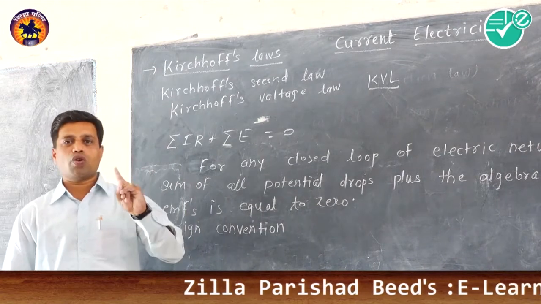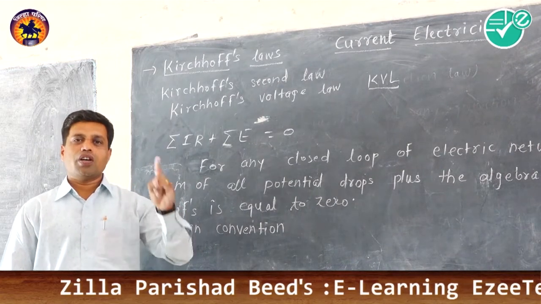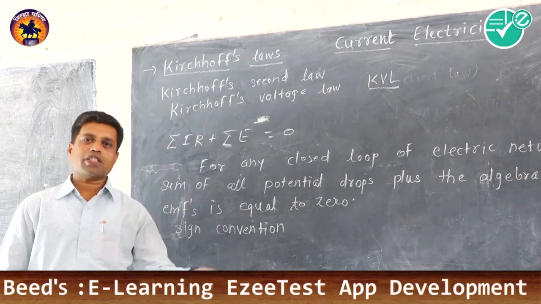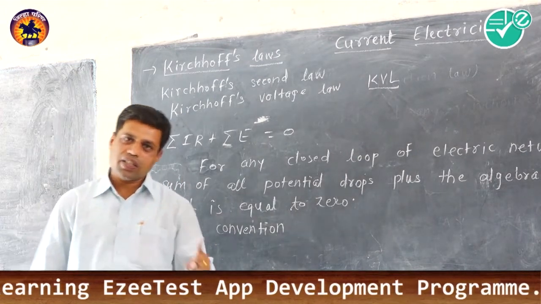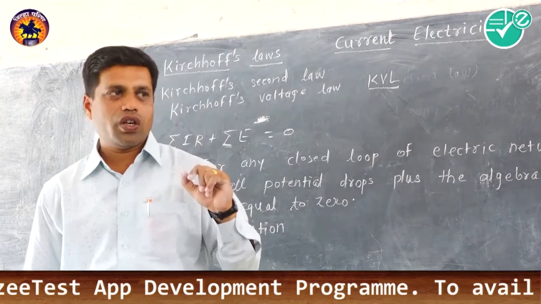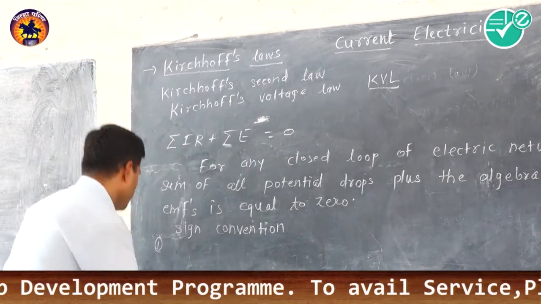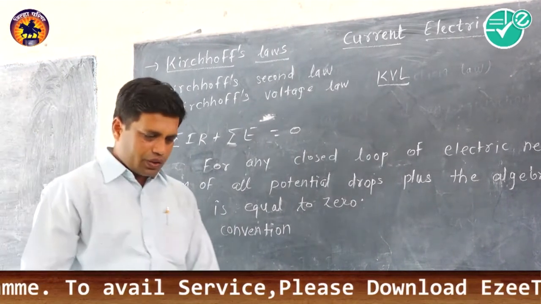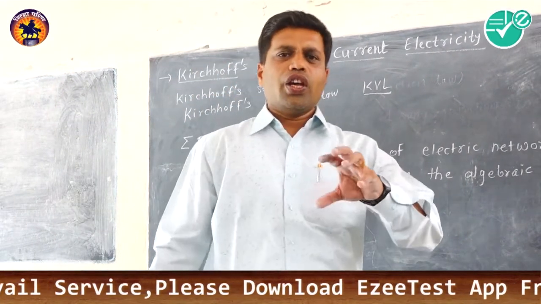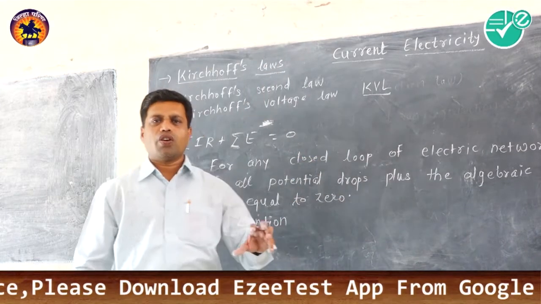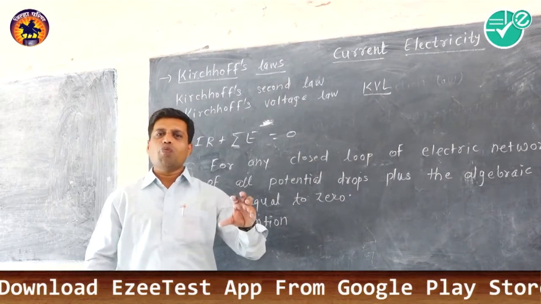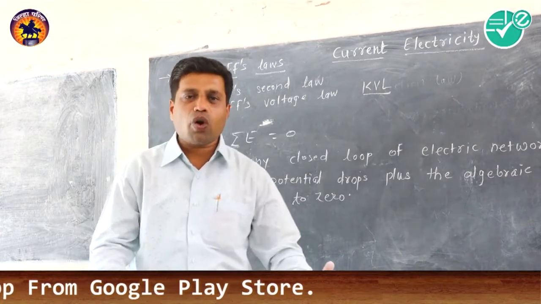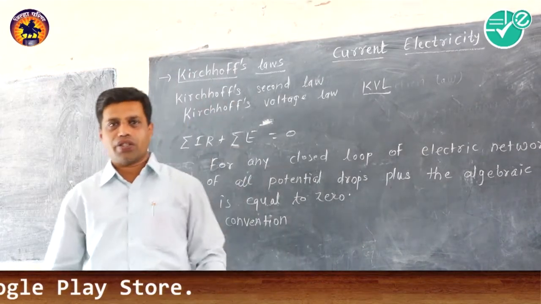This is the first important rule. If the direction of tracing the loop and the direction of current are the same, then in that case you have to take that current as minus or negative. Second rule is, while tracing the loop, you will come across some EMFs or batteries or cells in a given circuit.